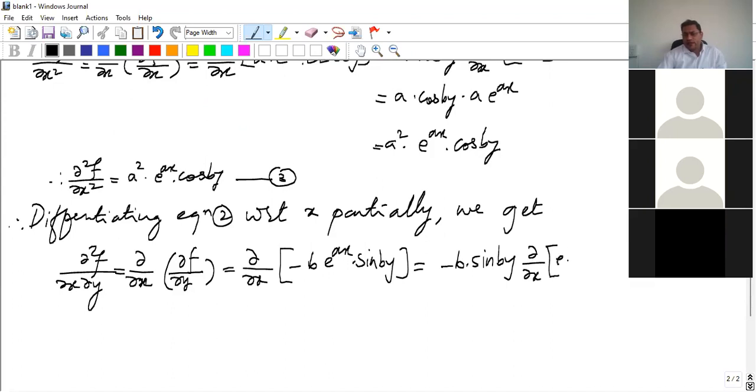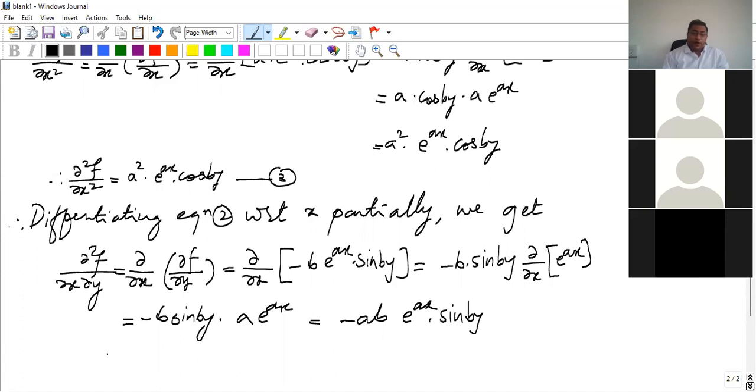So ∂/∂x of e raised to ax is a e raised to ax. So we can write this as minus ab e raised to ax into sine of by. So we got ∂²f/∂x∂y is equal to minus ab e raised to ax sine of by. That's going to be the next equation.